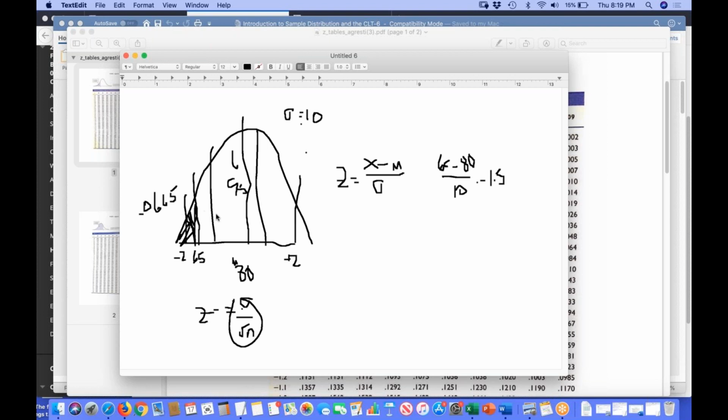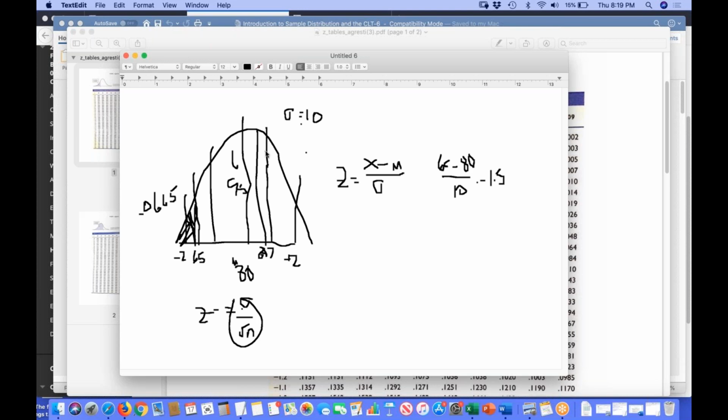If you wanted to find a percentage between two values, for instance, maybe you wanted to know what's the percentage between 87 and 65. Here's 87, and here's 65. With 87, we can use the Z table only to find the area below the number we're interested in.